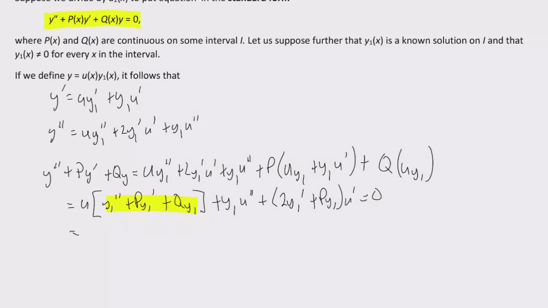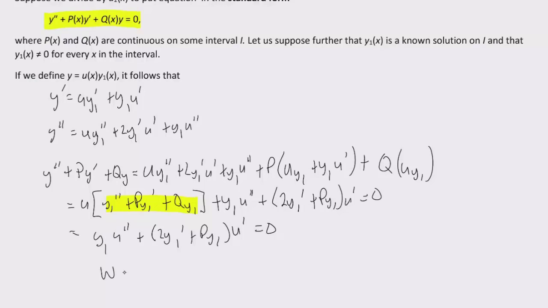That's going to give us y1 u double prime plus 2 y1 prime plus p y1 times u prime has to equal 0. Then we're going to do a little trick we did last time, because maybe we don't recognize the pattern at that point.